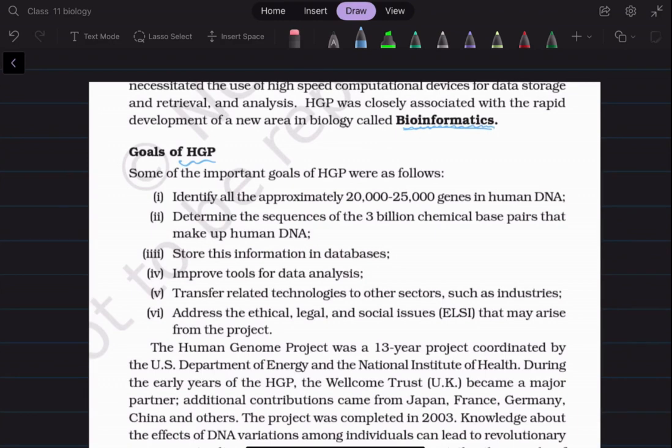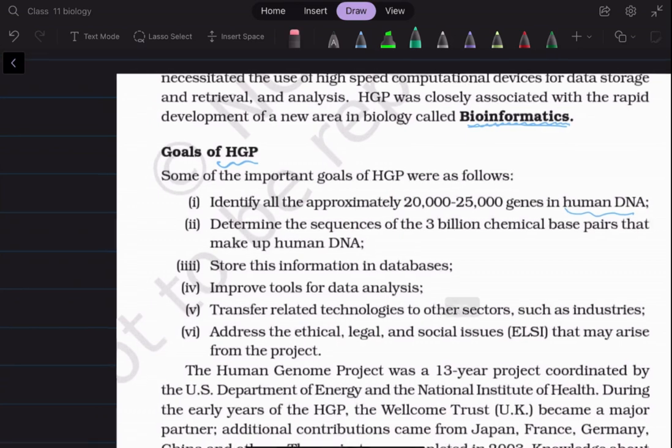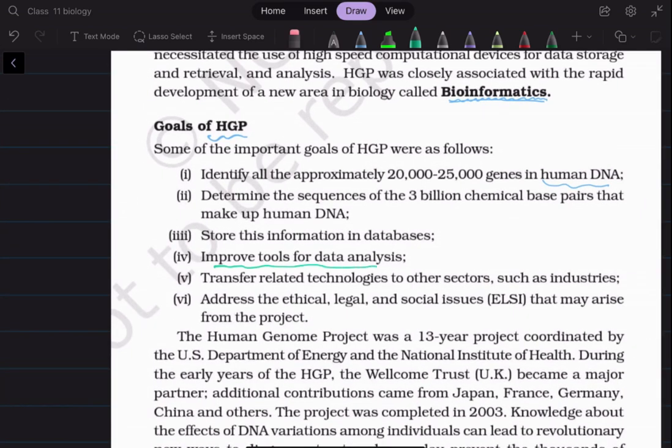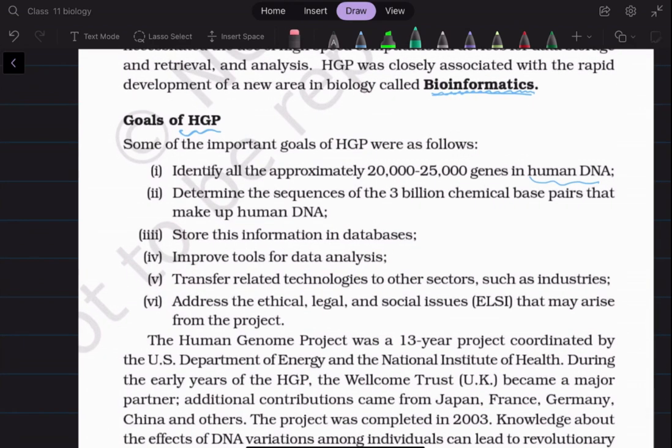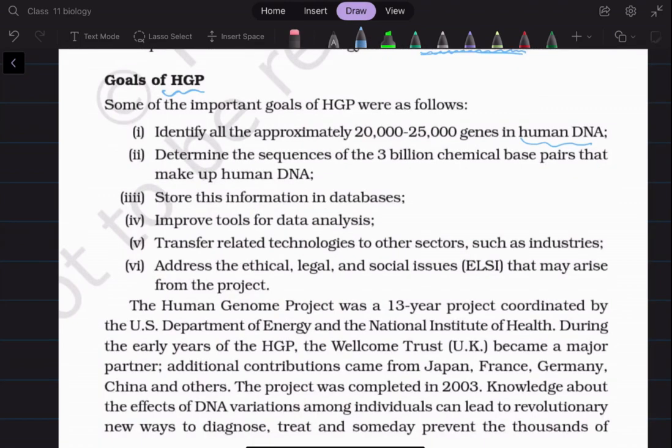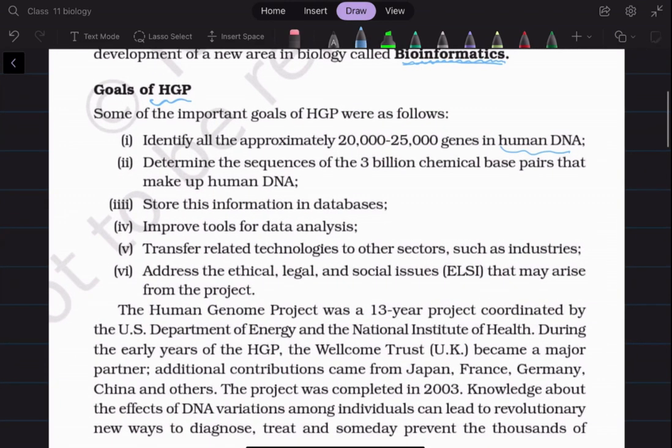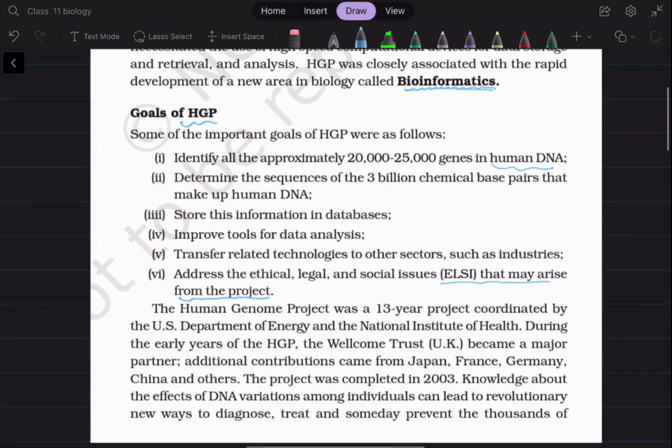First of all, it was to identify all the genes associated with the human genome and to find out the sequences of our 3 billion chemical base pairs, later storing this information and analyzing this data, and also to transfer this data to the sectors which could make some good use of it, and also to address the ethical, legal, and social issues that may come up while doing the project.